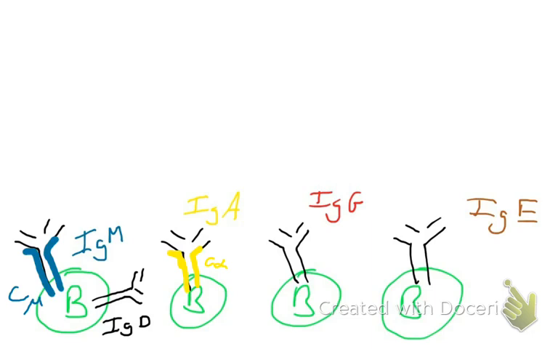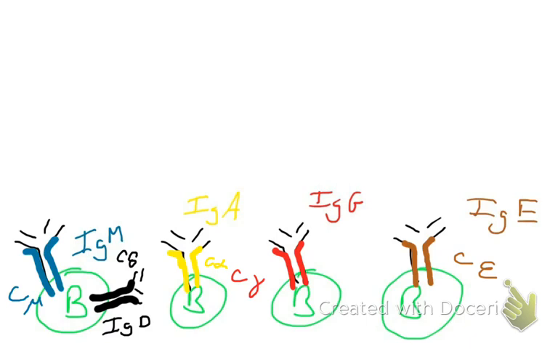For IgA, its heavy chain constant region information is going to come from a piece of DNA called constant alpha, the Greek letter for A. The constant region of IgG we're going to refer to as constant gamma, so that information is going to come from a separate place. IgE, its constant region is going to be referred to as constant epsilon. And IgD, its constant region, we're going to refer to as constant delta. That's the Greek letter delta. I don't know if that's capital or small, but it's not the triangle, it's the other delta.